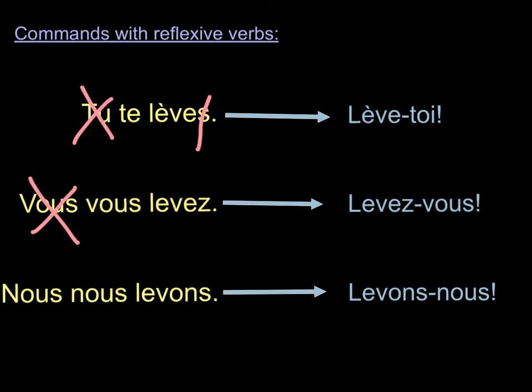Okay. And again, in the nous form, it's the same thing. We're going to drop the subject pronoun. We're left with our conjugated verb and our reflexive pronoun. That reflexive pronoun gets moved to the end, and we're left with levons-nous. Let's get up. Levons-nous. So that is giving commands with reflexive verbs, okay?